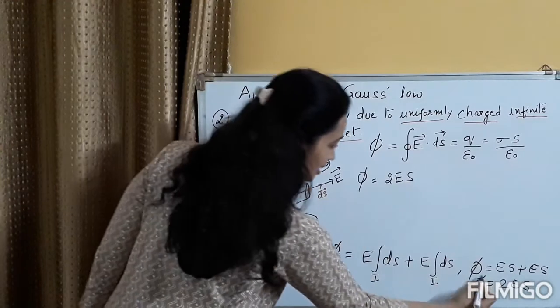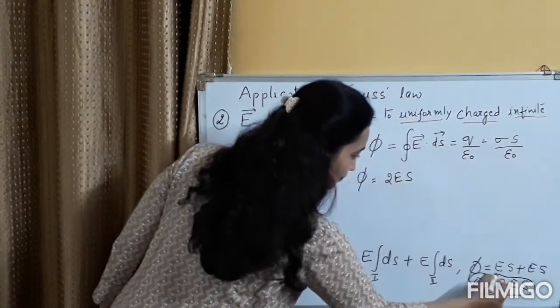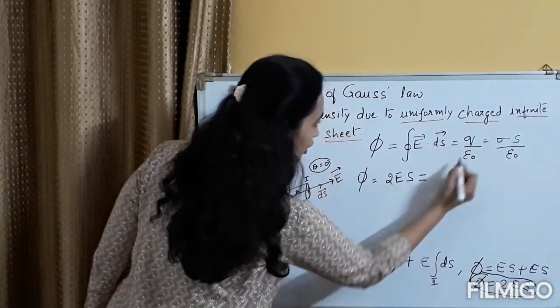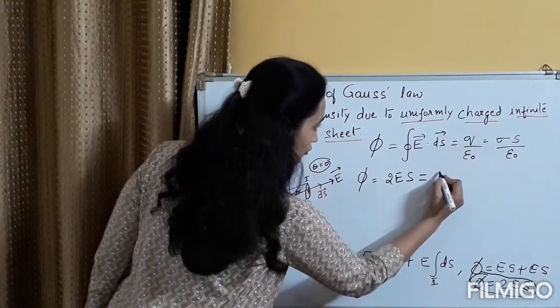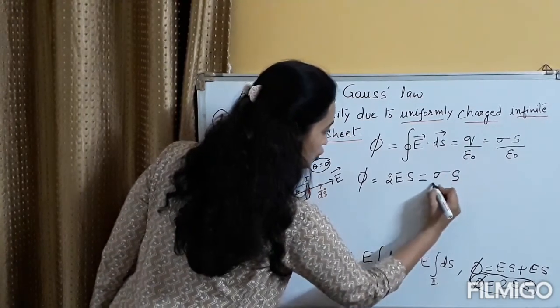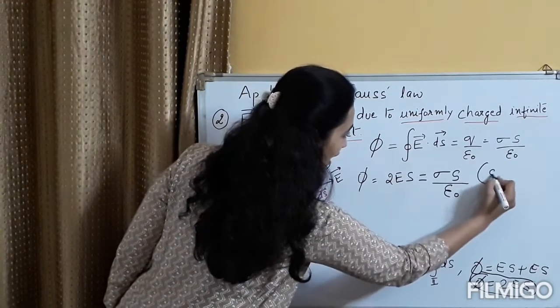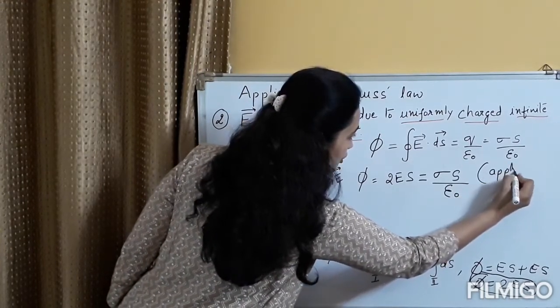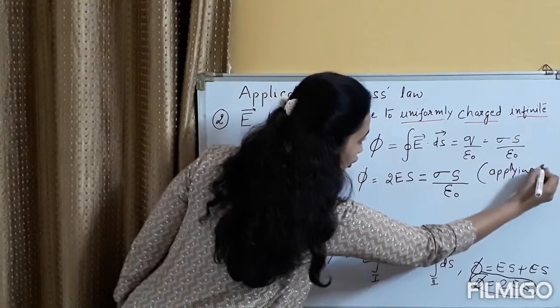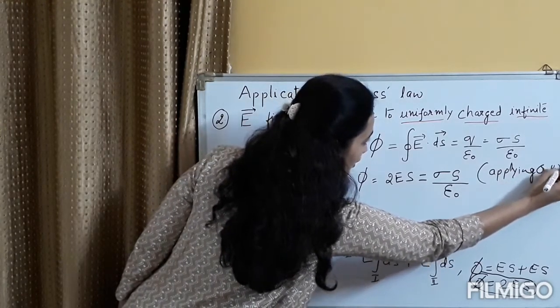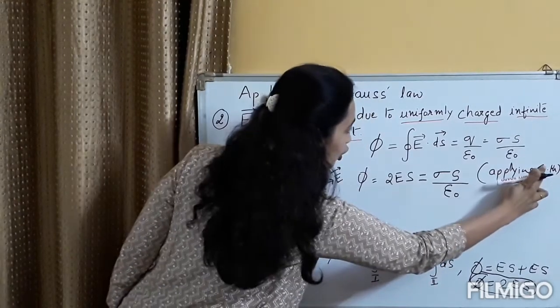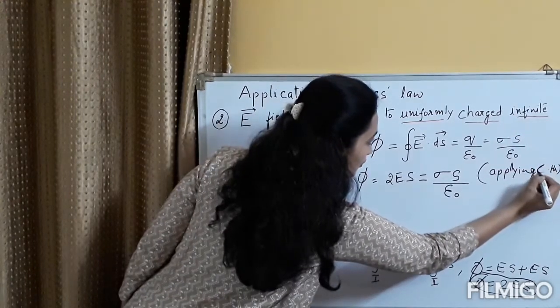So phi is 2 times ES. From here we got this is equal to Q by epsilon naught, which is equal to surface charge density into surface upon epsilon naught. Here in this statement we have applied Gauss theorem.